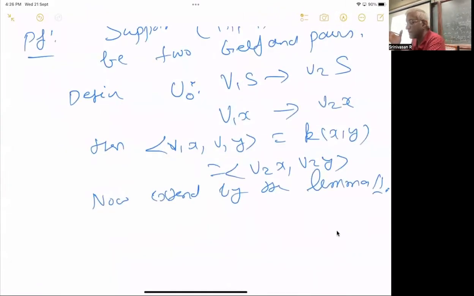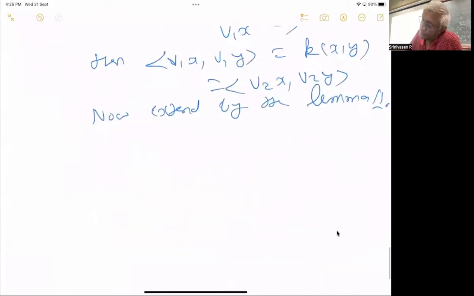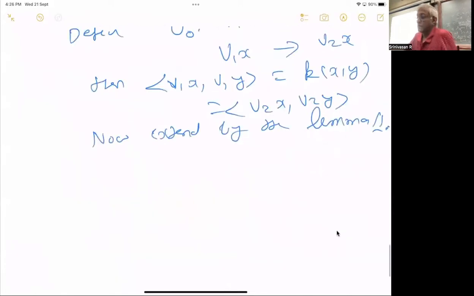If it preserves the inner product, then it has to be well defined. It will preserve the norm, so it will be well defined. And if you have two of them, okay. So we have proved the. Oh, I've taken 1 hour to prove this.